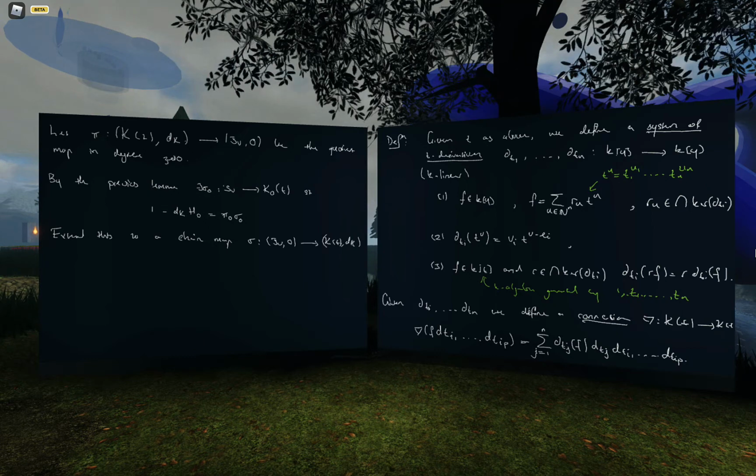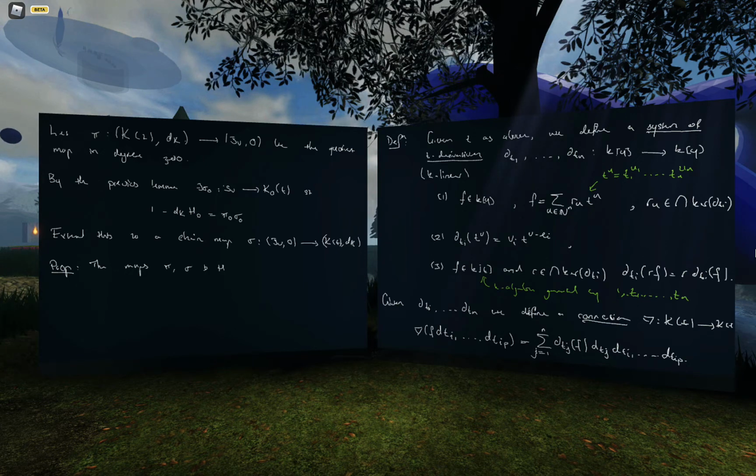Okay. And now we're ready to prove that these maps form a strong deformation retract, which is what we were going for. So I guess I'll write the proposition on this board. So proposition, the maps pi, sigma, and h form a strong deformation retract.